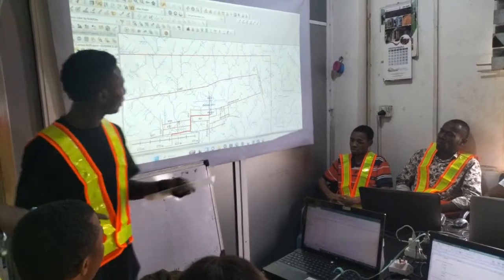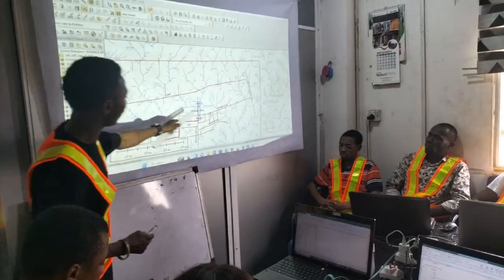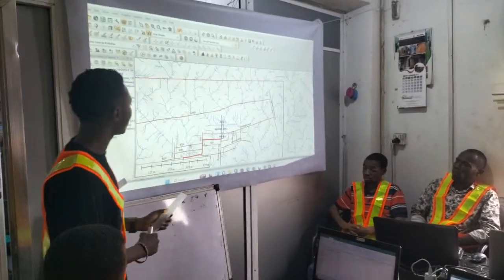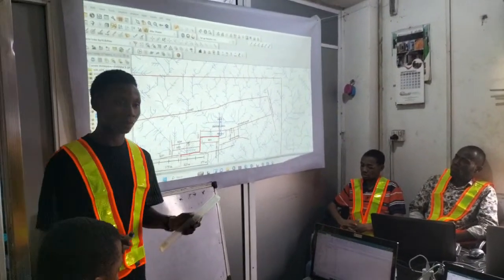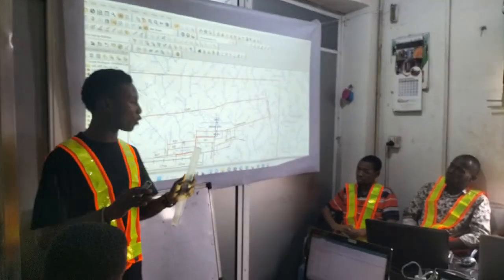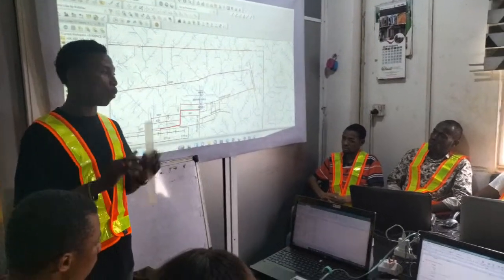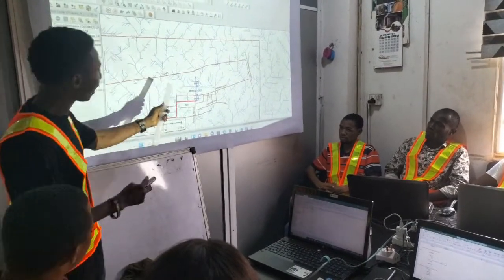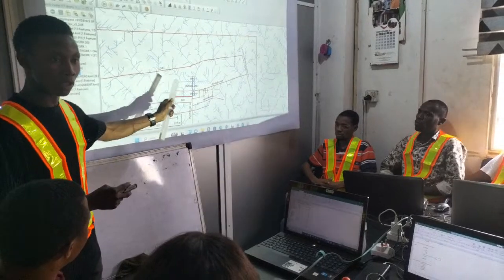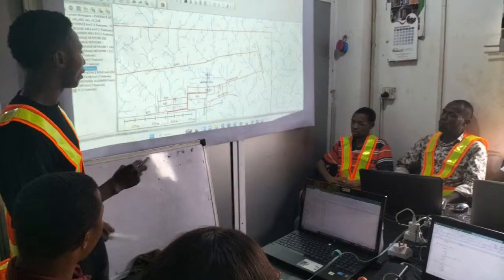In this locality, being affected by flood, the first thing we did was to go into Google Earth, a GEOMATICS engineering software that is one of the software we can use to easily locate any part of the world, and brought out the location, the area of study, which is Alibele. We brought it out.